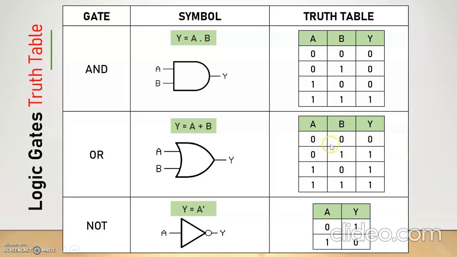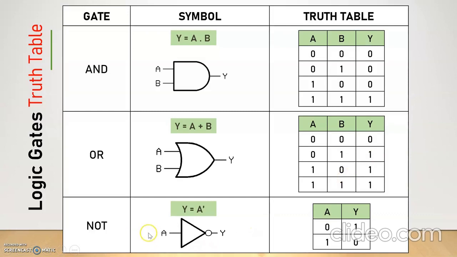And here, for 0 0, we have 0. For other combinations, we will have 1s, because for the OR gate, or OR operation, if any one of the inputs is true, then the output will become true.